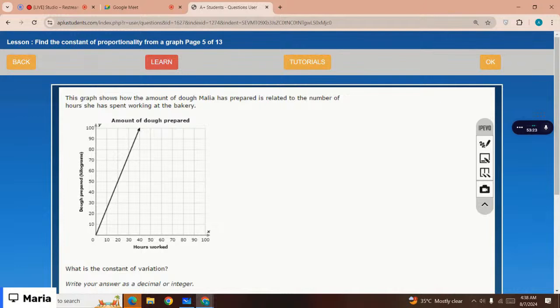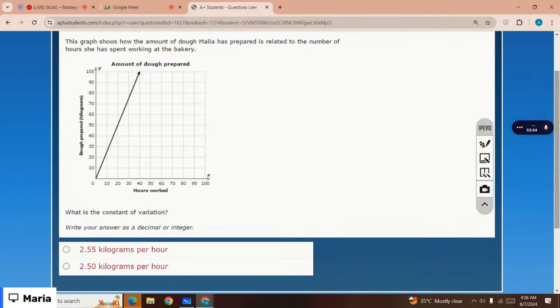This graph shows how the amount of dough Malia has prepared is related to the number of hours she spent working on it. What is the constant of variation? So which is the correct option?